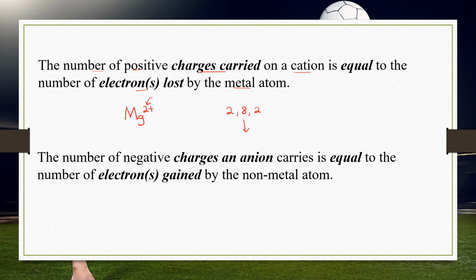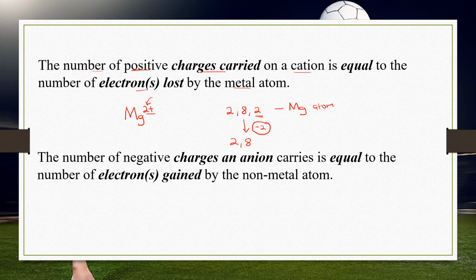This is the electronic configuration of a magnesium atom. However, it loses these 2 electrons so that it becomes 2-8. So that's why we say the number of positive charges carried on a cation, in this case 2, is equal to the number of electrons lost by the metal, and still in this case there are 2 electrons.